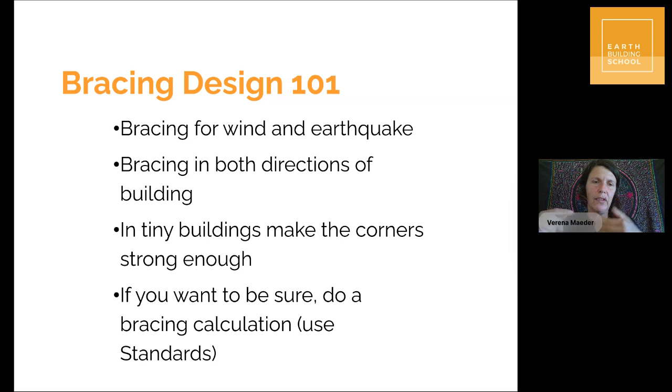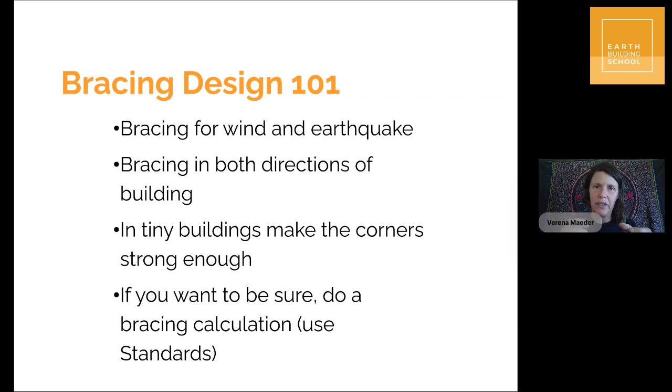So you always have these forces coming from both directions of the building, and you have to make sure that the walls in all the directions of the building are strong enough to withstand them and to give the whole building stiffness. And really, for tiny homes, this is quite simple, and that's why we start small, so that you can understand this concept.